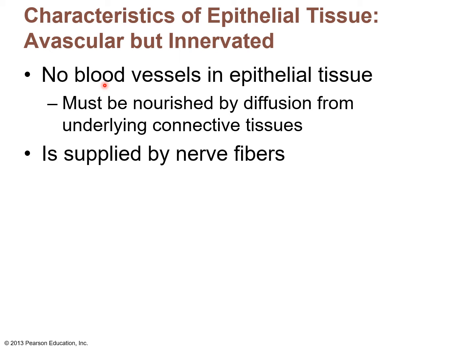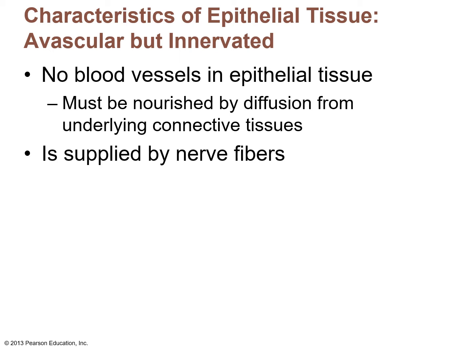And so they are actually going to get their nutrition from the underlying connective tissue. So under the basement membrane of the epithelial tissue, you would have connective tissue. And the reason why underneath it you would have connective tissue is because connective tissue has a bunch of blood vessels.